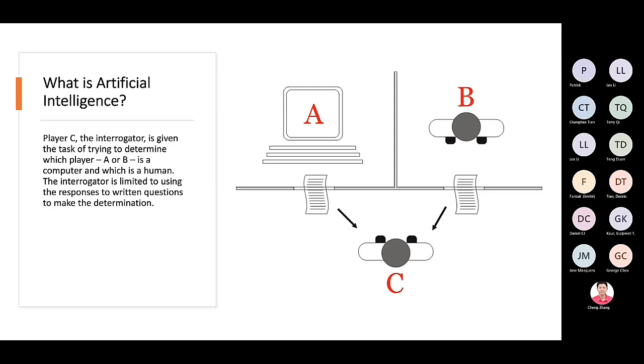If somehow C feels that these two are not distinguishable, then we say this computer or machine A passed the test and can be identified as true artificial intelligence, because at that level of intellect, we can see that it's almost the same as a true human.